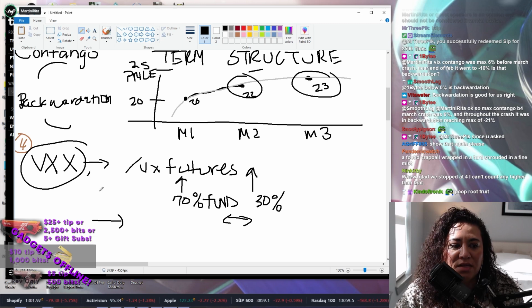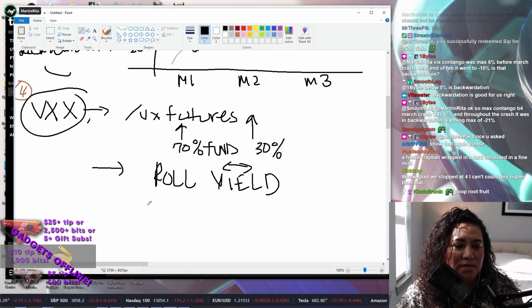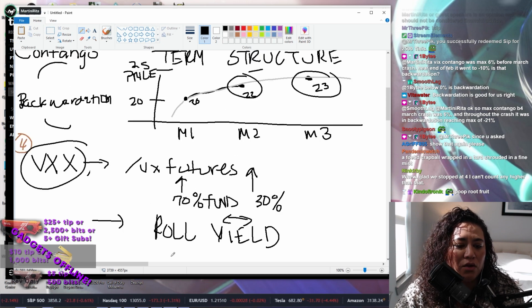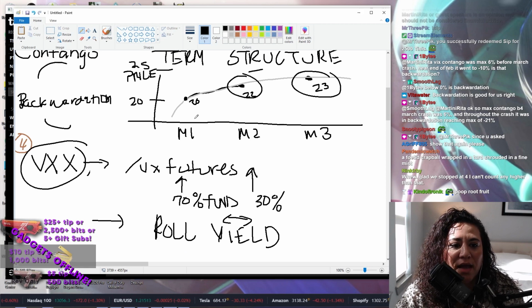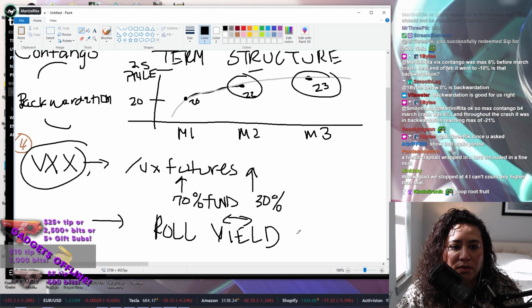What's disadvantageous to this product is if there's steep contango, you're paying something called roll yield, okay? Because effectively you're having to adjust, and if month 1 and month 2 aren't the same price, you pay a roll yield, right?